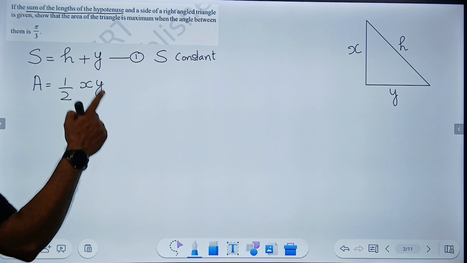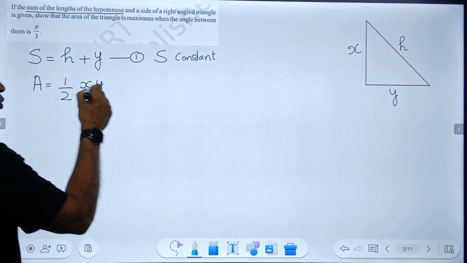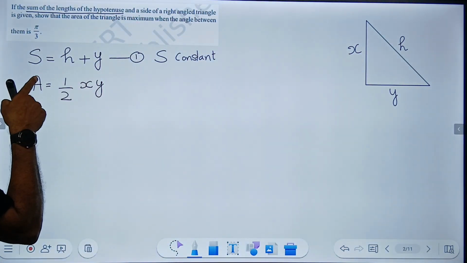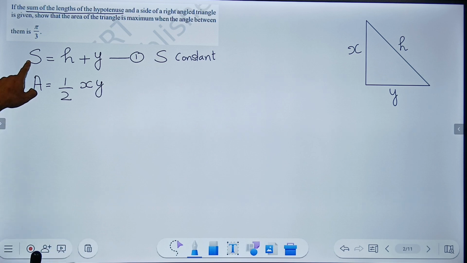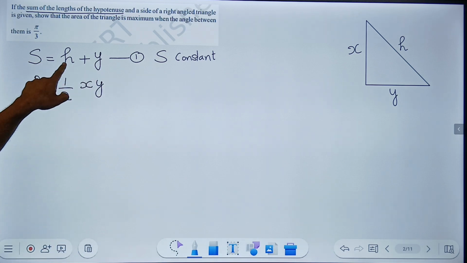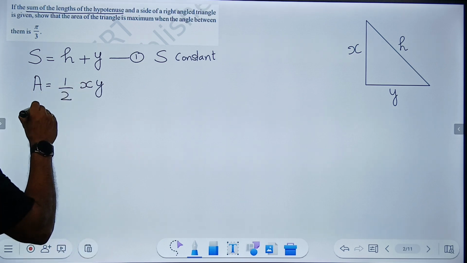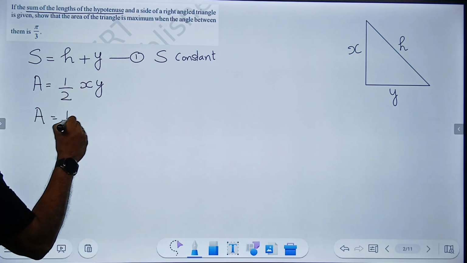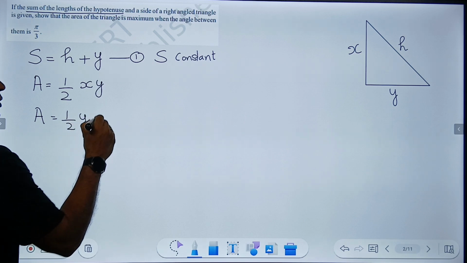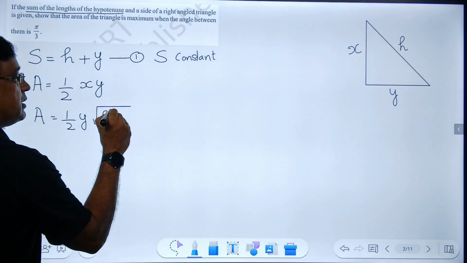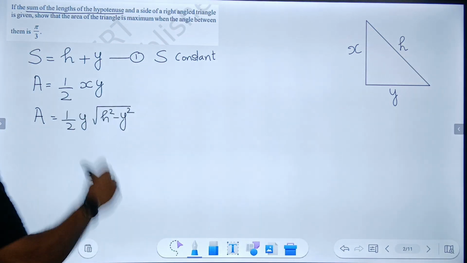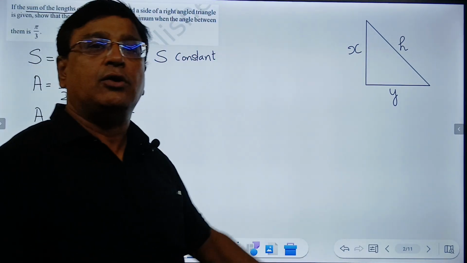I am going to use Pythagoras theorem and change X. I will not change Y because my S is given in terms of Y, so I don't want to miss out that Y. S is not involving X, so I want to get rid of the X. So what is the area? Half Y into root of H square minus Y square, using Pythagoras theorem.